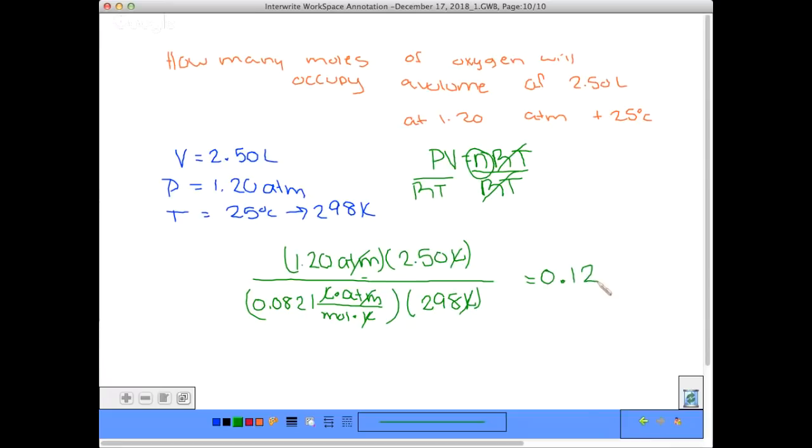If I calculate that out, I get 0.123 moles. For the next problem, oh, it just is another PV equals nRT. So there's that problem. You definitely want to know your gas laws, so make sure that you guys review those.